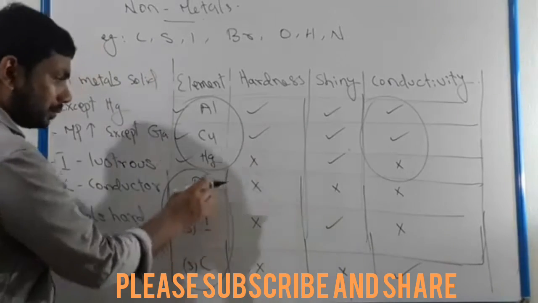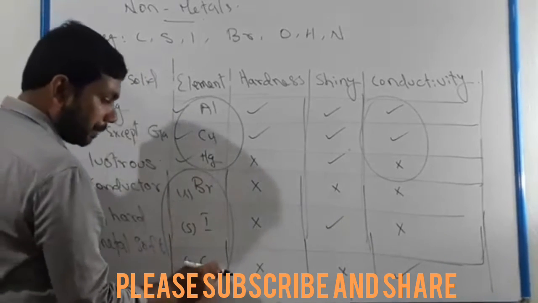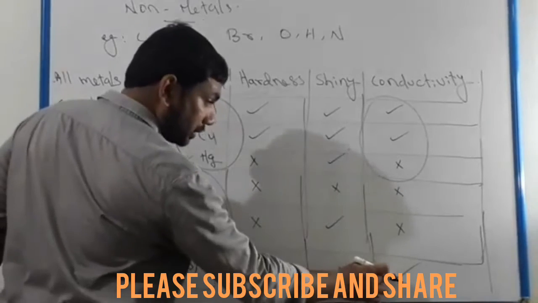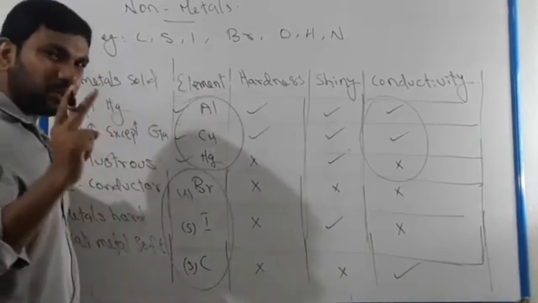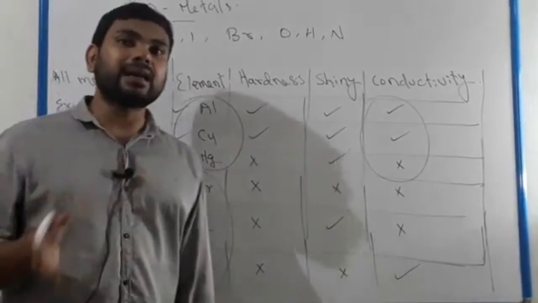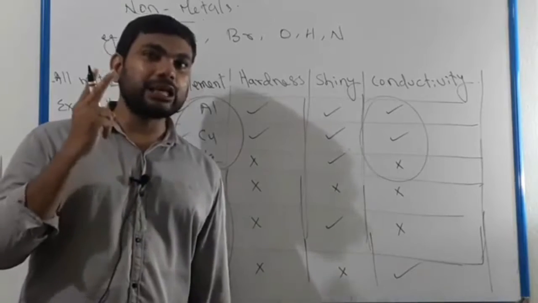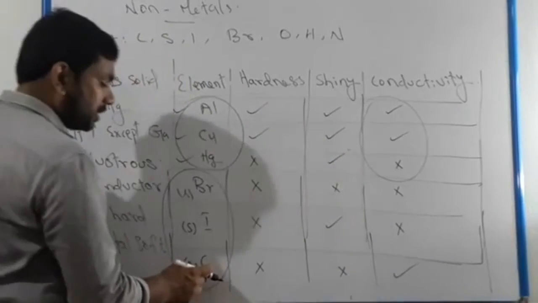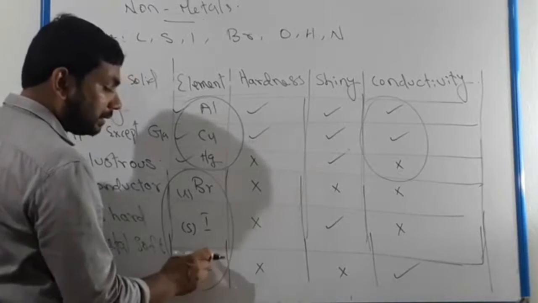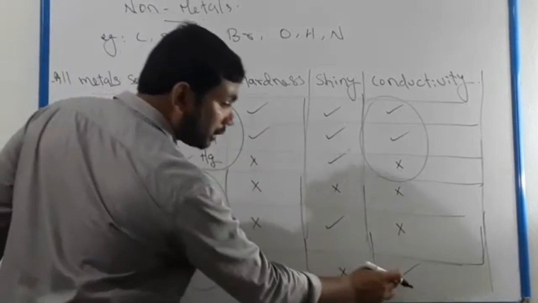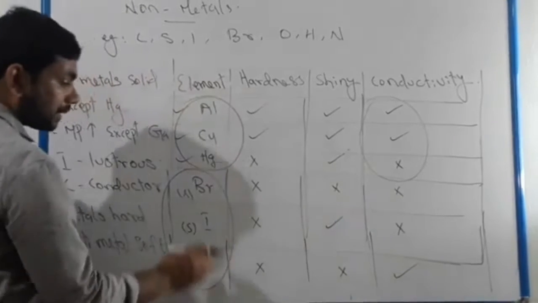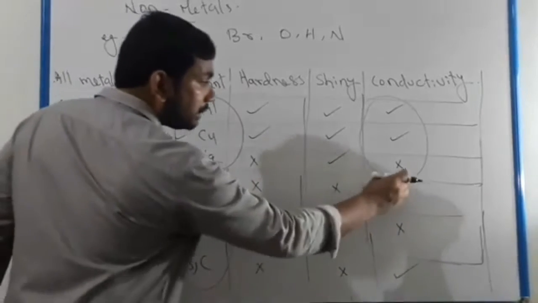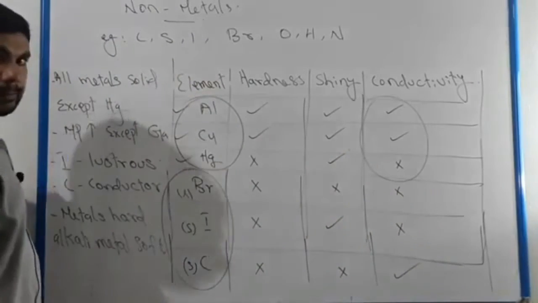And look here, another one. These are non-metals, but carbon is a good conductor. You know carbon exists in two forms, diamond and graphite. Carbon in the form of graphite is a good conductor of electricity. But iodine and bromine are poor conductors of electricity.